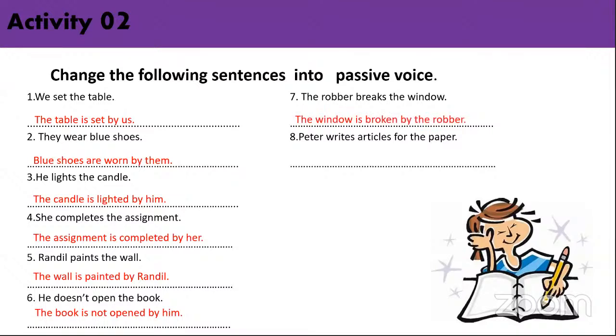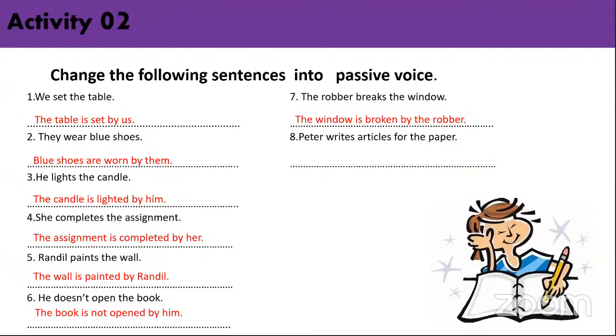Peter writes articles for the paper. Then what comes to the subject position for the paper or the articles? Yes, you know, we have practiced this. Articles, you have to take to the subject position.